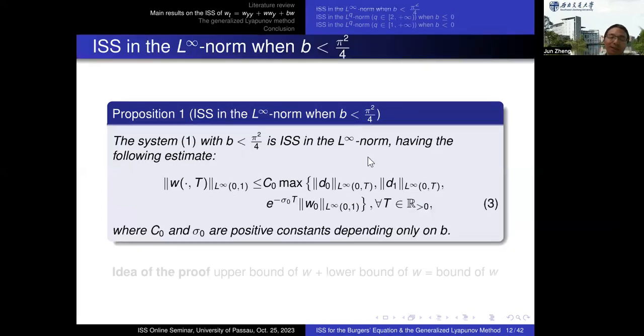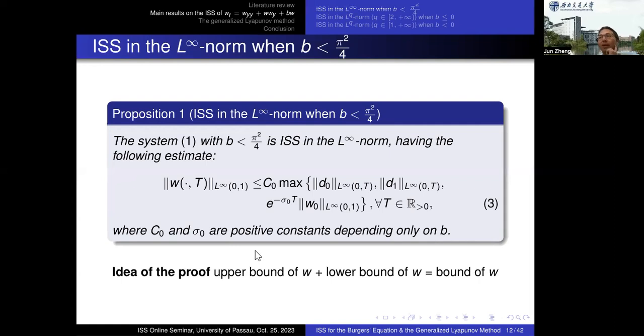First, we consider the case of B strictly less than pi squared over 4. In fact, I would like to prove that this estimate holds true. Here we take the maximum between these three terms, and the constants C0, sigma 0 depend on the coefficient B. Because we intend to prove the global bound of the solution W, we would like to prove its upper bound, then prove its lower bound.